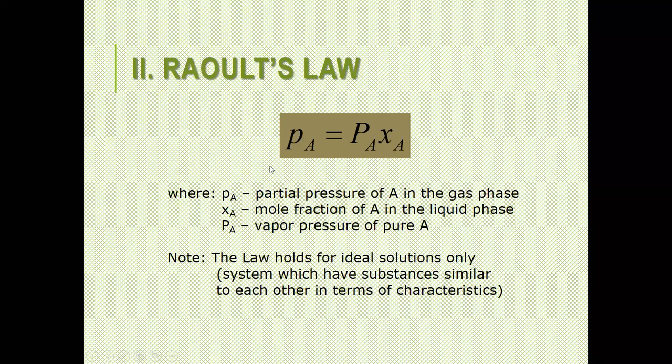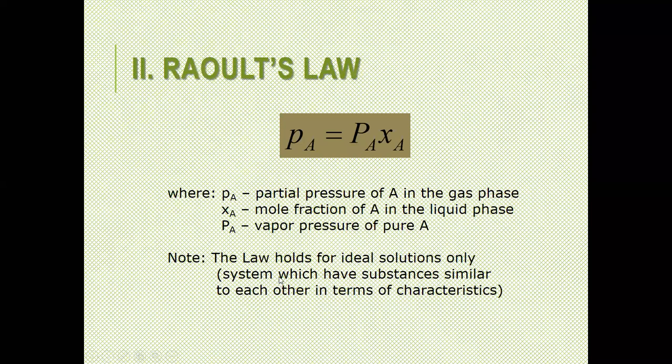However, though we can use Raoult's law in determining equilibrium, this is only limited to ideal solutions. So the law holds only for ideal solutions, or shall we say solutions in which the components have more or less similarities in behavior, physically and chemically.